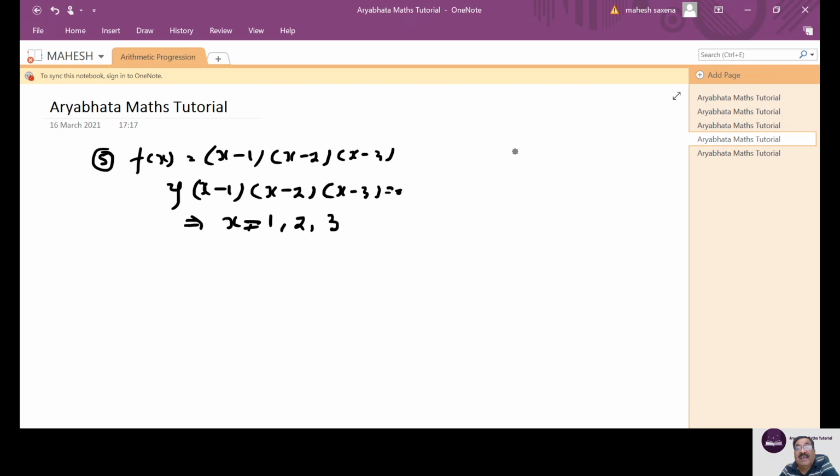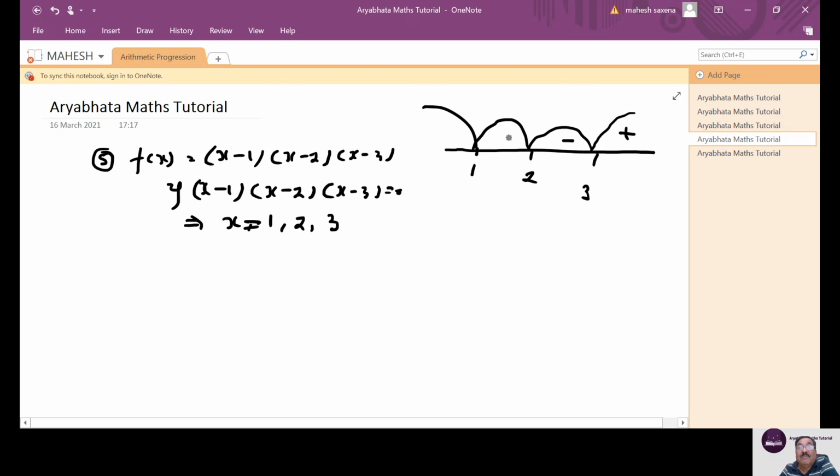Again on a real line, we will mark these points x equal to 1, x equal to 2, x equal to 3. Now we will join like this. Again from the right hand side, we mark positive, negative, positive, negative.